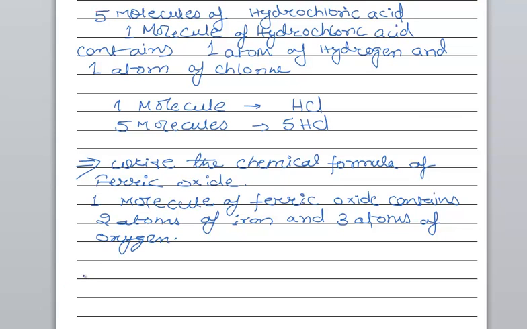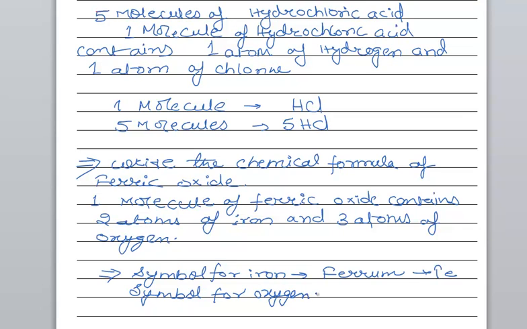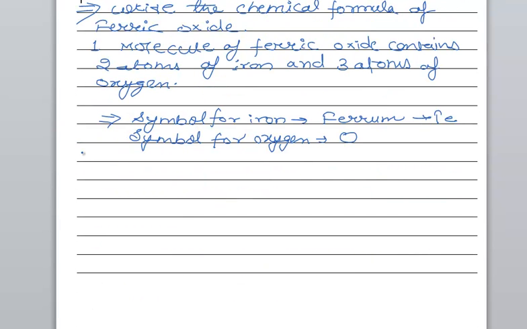Right? Now, what is the symbol for iron? The symbol is derived from its Latin name, that is ferrum. So what is the symbol for iron? It's Fe. And what is the symbol for oxygen? It is O. Just write it, Fe and O. Leave space between them.